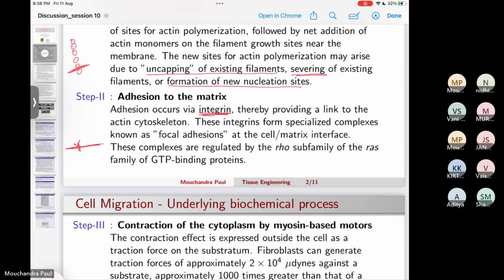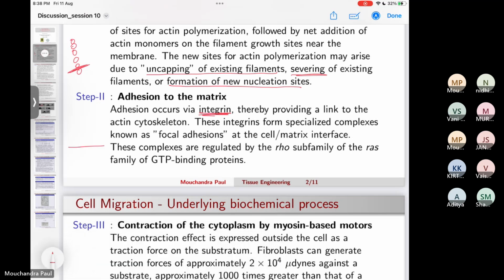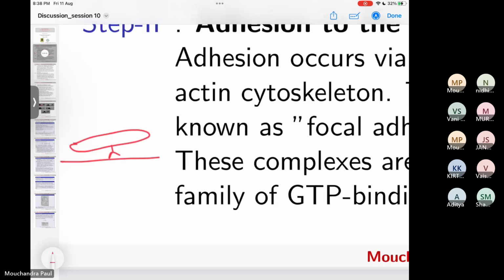Sorry, I have drawn it wrong. As I was saying, this is the substrate and this is the cell, correct? And some receptor like this is coming from the cell surface. This integrin receptor is acting as a link with the cytoskeleton. In the cytoskeleton, as I already explained, there are actin polymer chains.